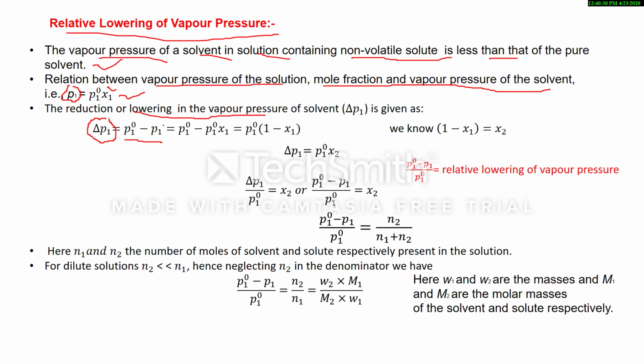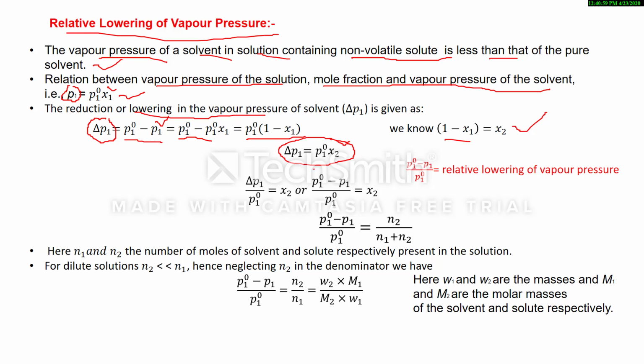If we put the value of P1, we get P1° − P1° x1. P1° is common, and as we know, 1 − x1 is equal to x2. So the lowering of vapor pressure is equal to the vapor pressure of pure solvent multiplied by the mole fraction of solute.